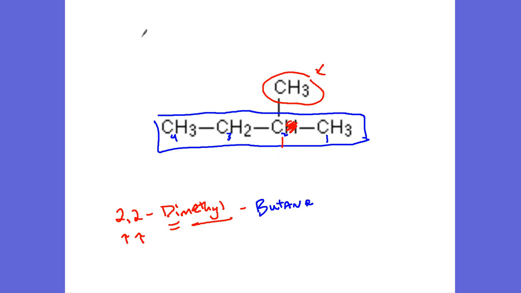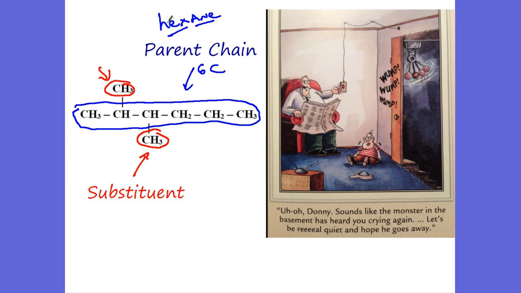Let's say I have another substituent coming off of this carbon. Which means we are back to that, like that. Well, now we have a methyl group coming off of the second carbon, and we have a methyl group coming off of the third carbon. So we would call that 2,3-dimethylbutane.